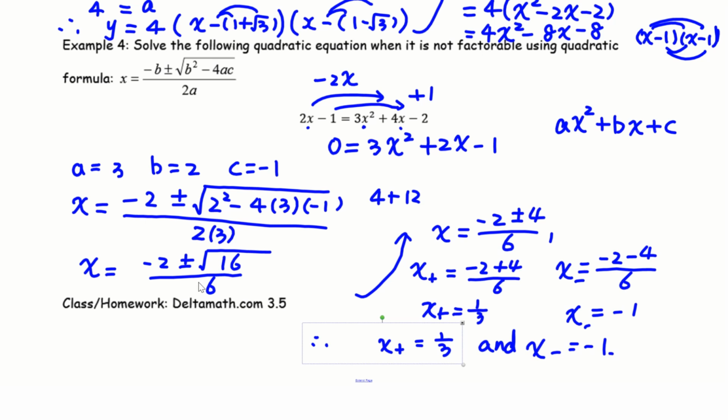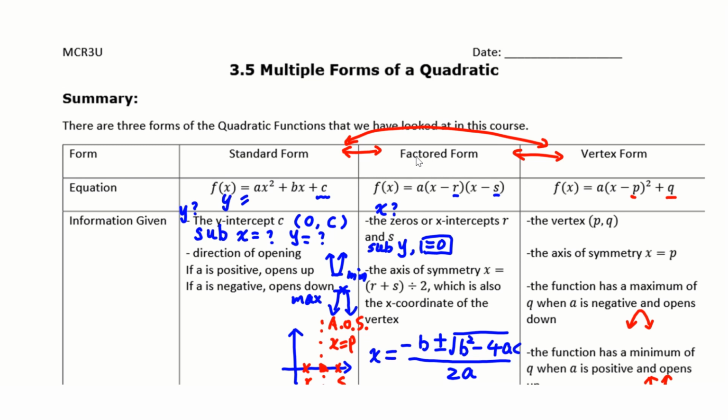That is all for this lesson. In this lesson we have gone over the three forms: standard form, factor form, and vertex form. From these three forms, standard form makes it easier for you to find the y-intercept.